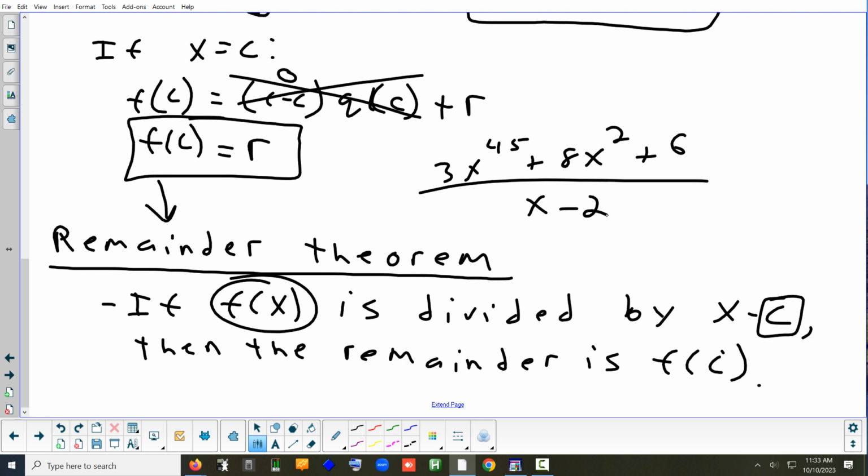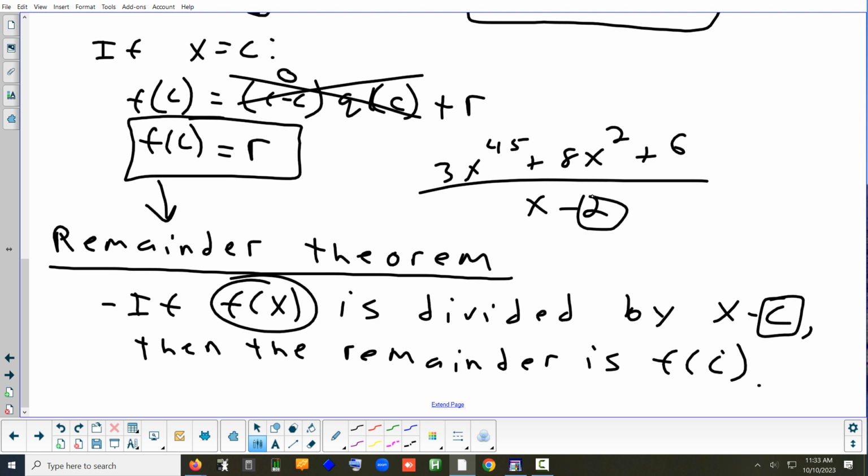So you need the 3x to the 45th, 0x to the 44th, 0x to the 43rd, 0x to the 42nd, all the way down. And if you try to do long division with that, it's going to be awful. You're going to have almost 50 terms in your dividend. If all I want is the remainder here, all you have to do is take the number 2 and plug it in for x. It's a big number, but you just do 2 to the 45th power times 3 plus 32 plus 6. And then that would be your remainder.